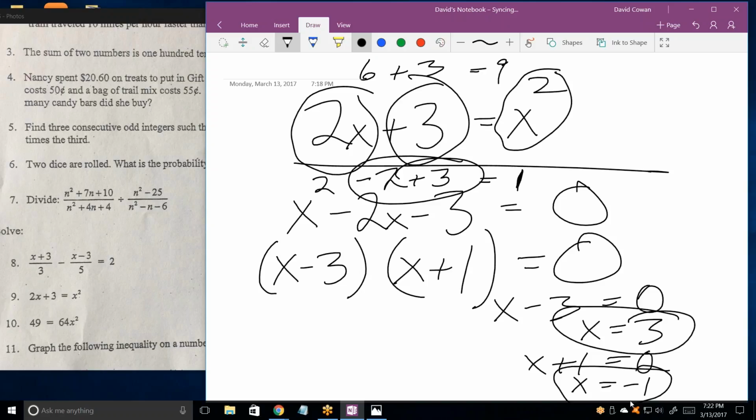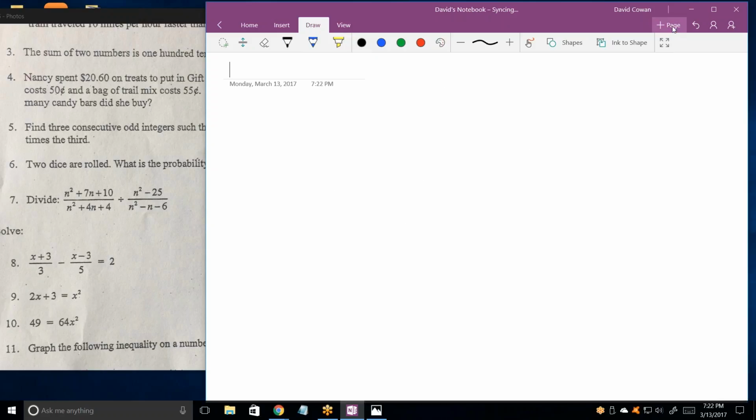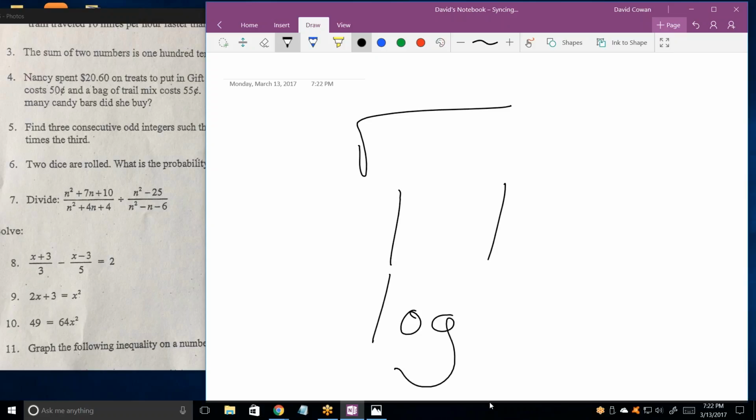The kind of problems where you get extraneous solutions are where you have radical signs, where you have absolute value signs, or where you have logs, which you probably haven't even started yet.